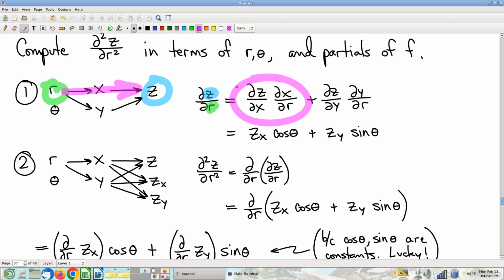Well, we do. In other words, this part of that path, how x is a function of r, that's the factor that recognizes that part of the path. That's why we have partial of x with respect to r there. Maybe I misunderstood your question? I think I might be misunderstanding the chain rule here.